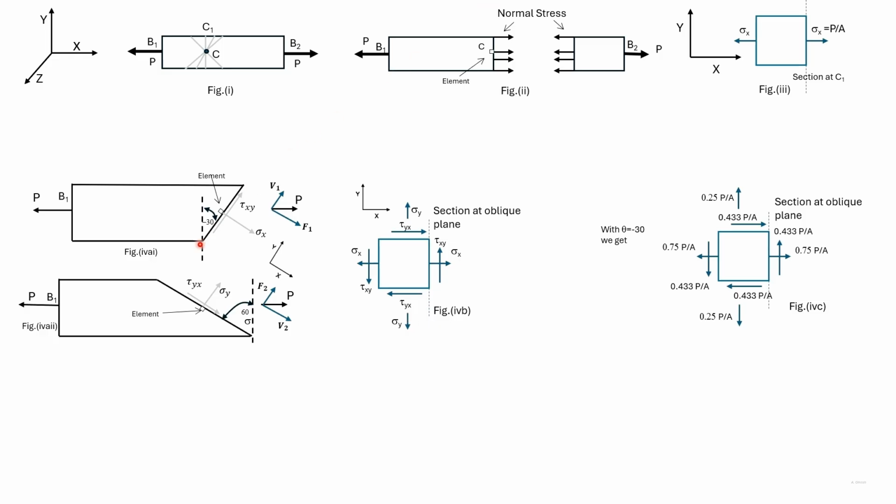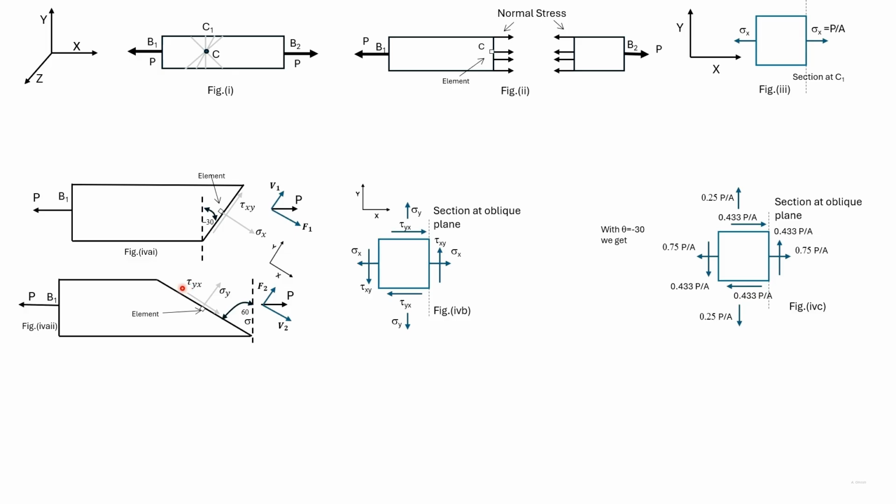To find sigma y, we pass an oblique section that aligns with the top face of the element here. Again, this portion is in equilibrium, so there must be a force P acting, and that force P can be resolved into a normal force F2 and a force parallel to the surface V2.